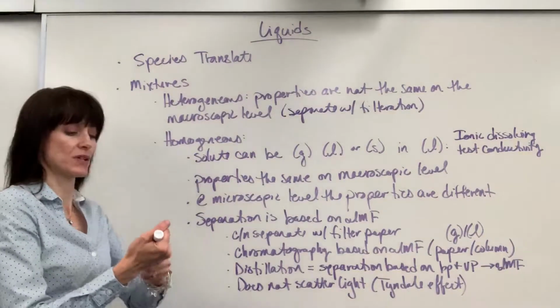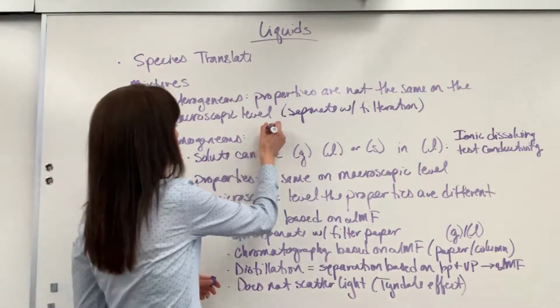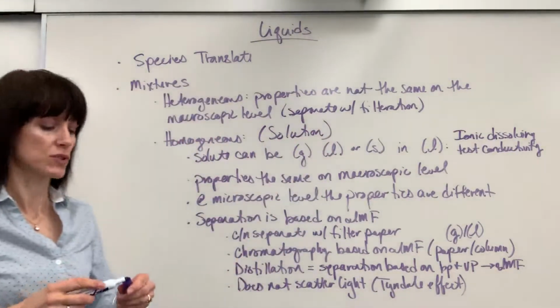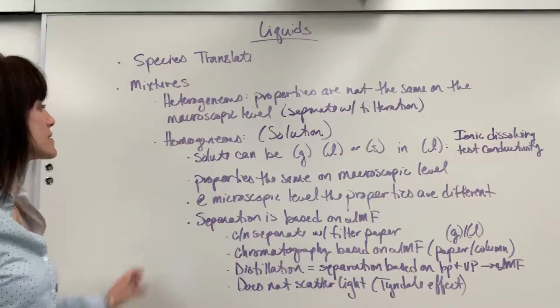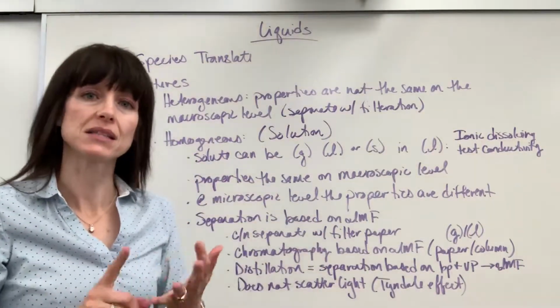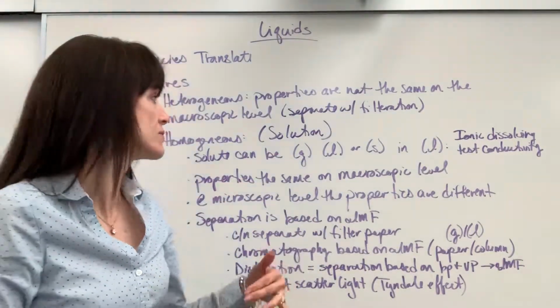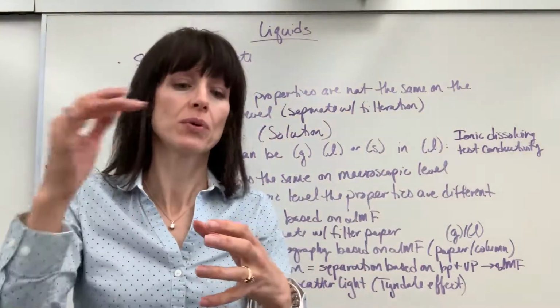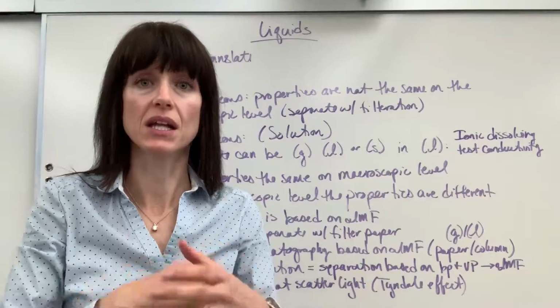Now remember, our special word for a homogeneous mixture is solution. So I want to talk about these homogeneous mixtures. The solute can be a gas, liquid, or a solid dissolved in that liquid. So I have my one liquid, and I can put any of those three phases in, and it can dissolve.